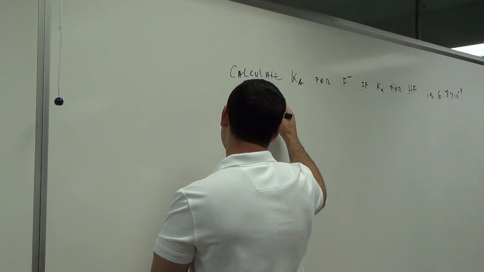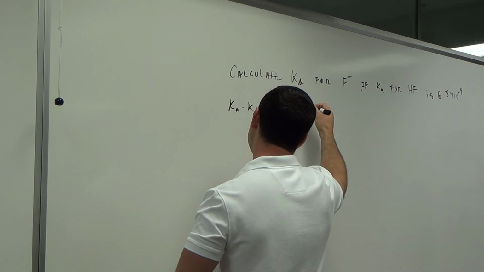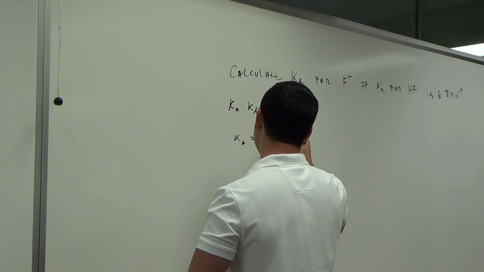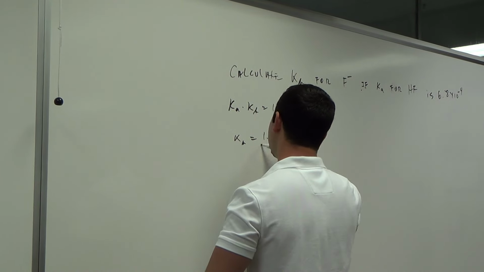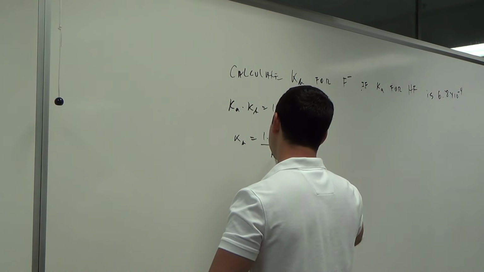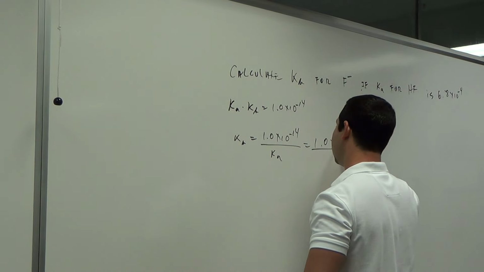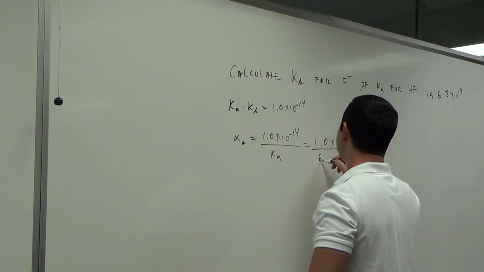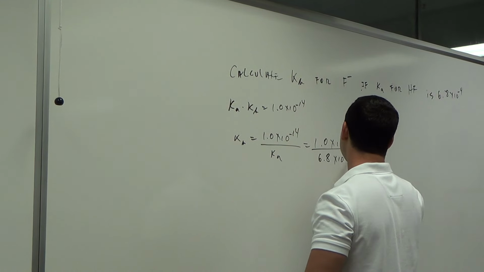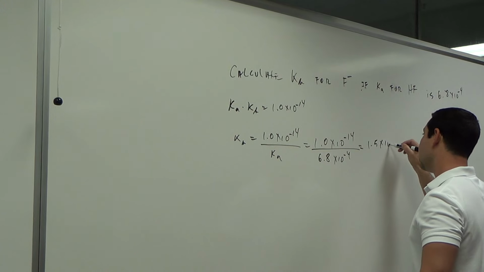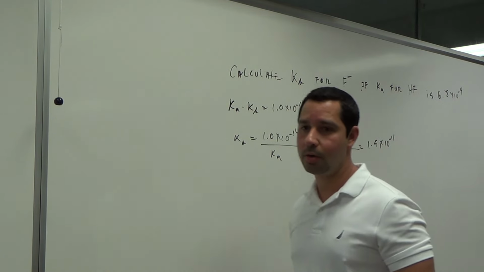So Ka times Kb is 1.0 times 10 to the minus 14. How simple is this problem? Just solve. I almost don't even want to do it, that's how simple this problem is.